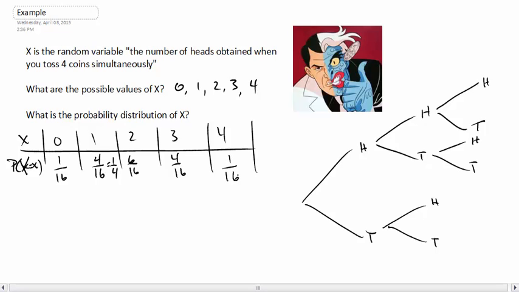So here's our probability distribution, and it's not a huge deal if you don't reduce, but you can see that all of these probabilities are between 0 and 1, and if we were to add up all of these, the total is 1. Those are the 2 criteria to be a probability distribution.